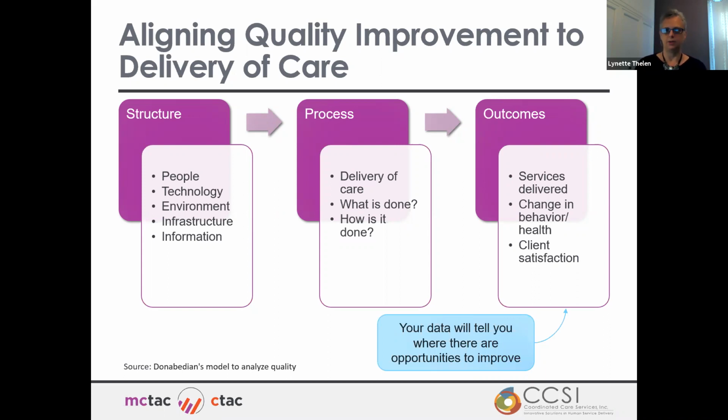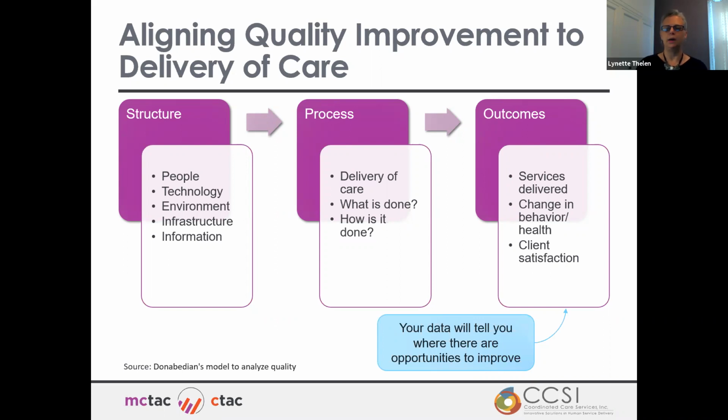There's the process component, which is how is the care delivered, what is done, how is it done? And the structure and the process together drive the outcomes, which is the services that are actually delivered. The outcomes are any changes in behavior or health, and client satisfaction.